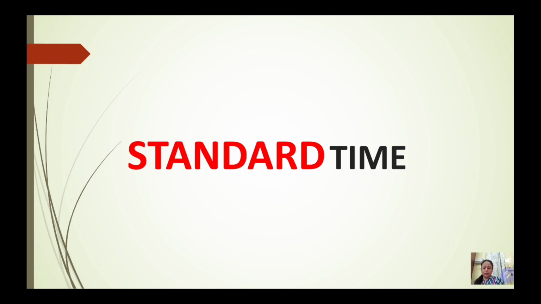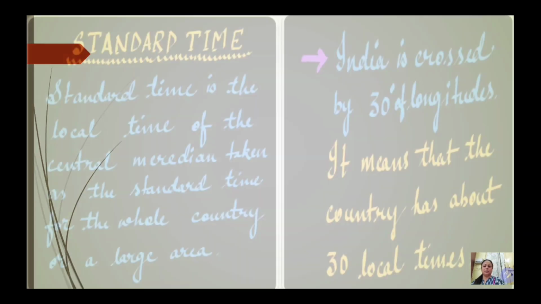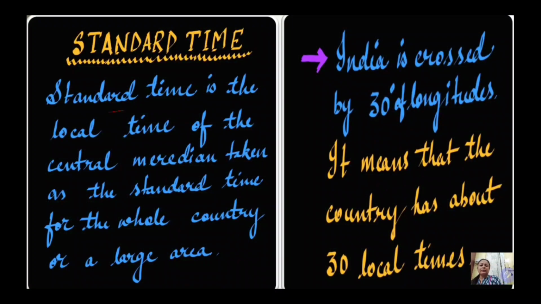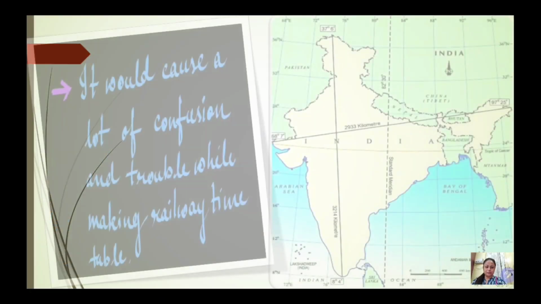Now based on the concept of local time, we will understand what is standard time and why we need standard time. Students, standard time is the local time of the central meridian taken as a standard time for the whole country. So if you are confused, let's look at the diagram.